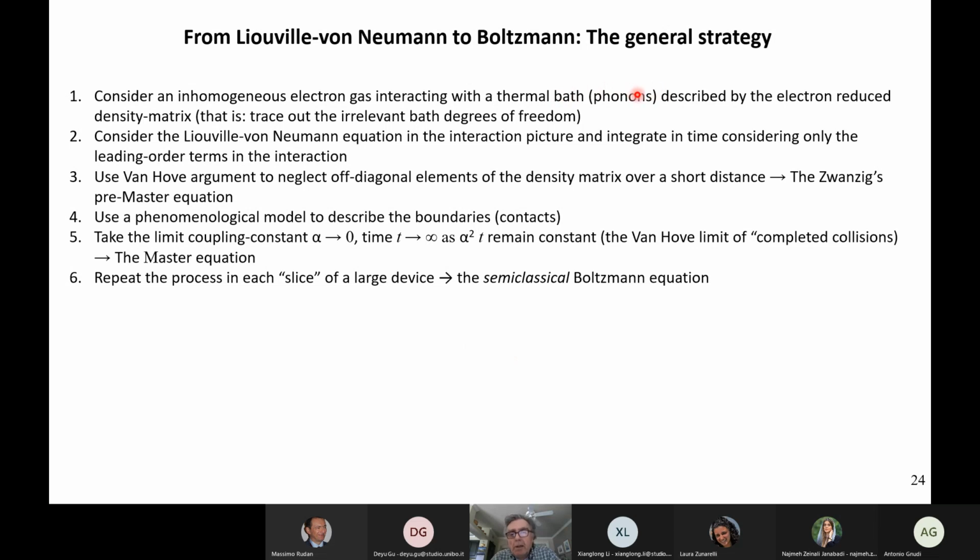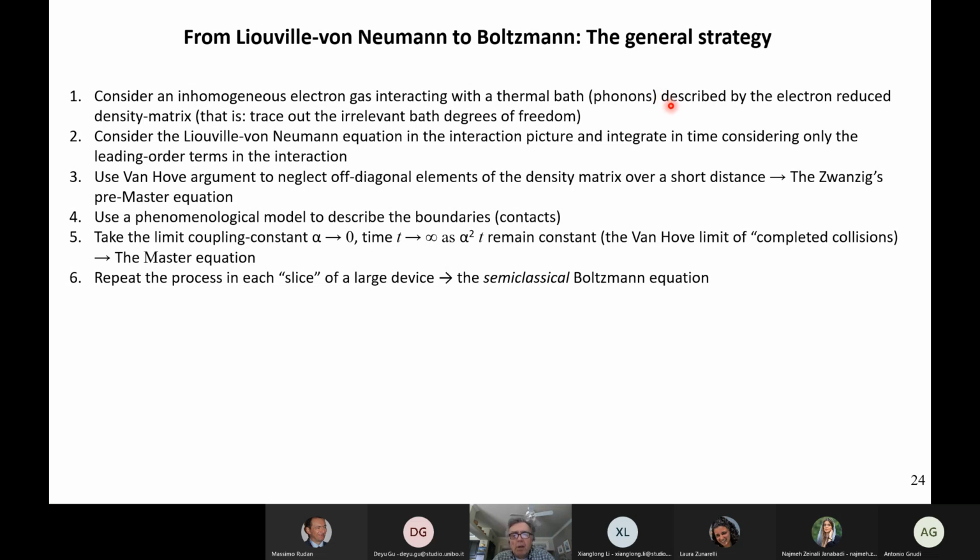Think about a bias like this, and I'm injecting hot electrons from one side. We will write the Liouville von Neumann equation for the time evolution of this closed system. We will actually simplify the description by saying, I really do not care about phonons. I will assume a Markov approximation for the phonons, so I don't remember where the phonons are coming from and where they're going.